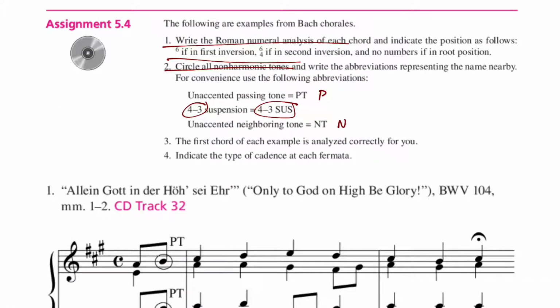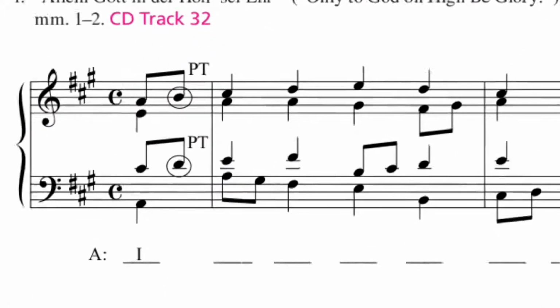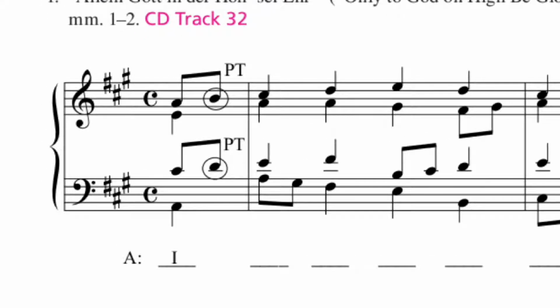Okay, this gives us the first one. See what's going on in this thing. It's analyzed the first one for us. We started in the key of A, right? You've got 3 sharps, and it's one chord, they say, because we have A, C sharp, E, and A, right? And then everything moves up by 1 step to some tone that isn't part of an A chord.